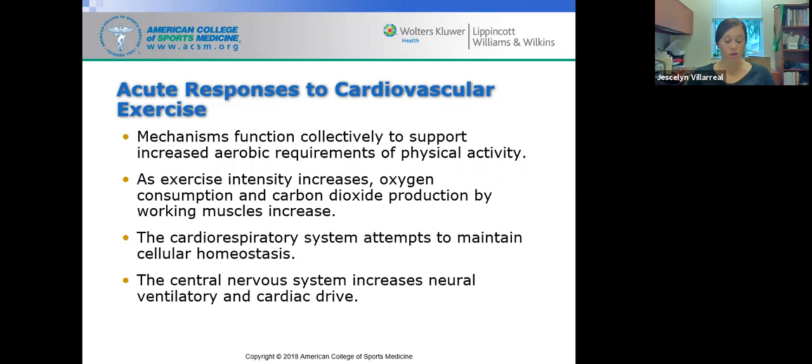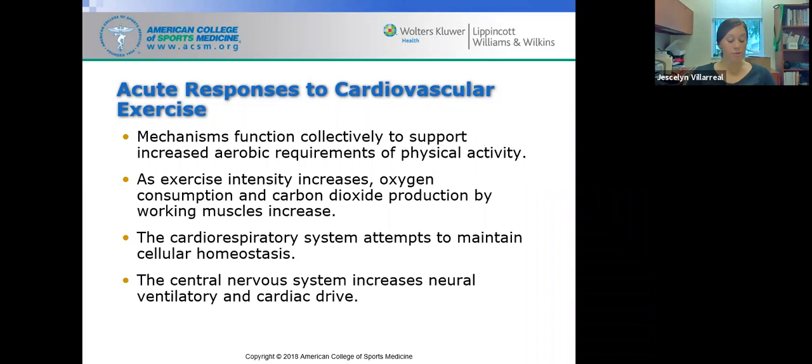Oxygen delivery to working muscles is accomplished by changes in heart rate, cardiac output, stroke volume, blood flow, blood pressure, AVO2 difference, and pulmonary function.